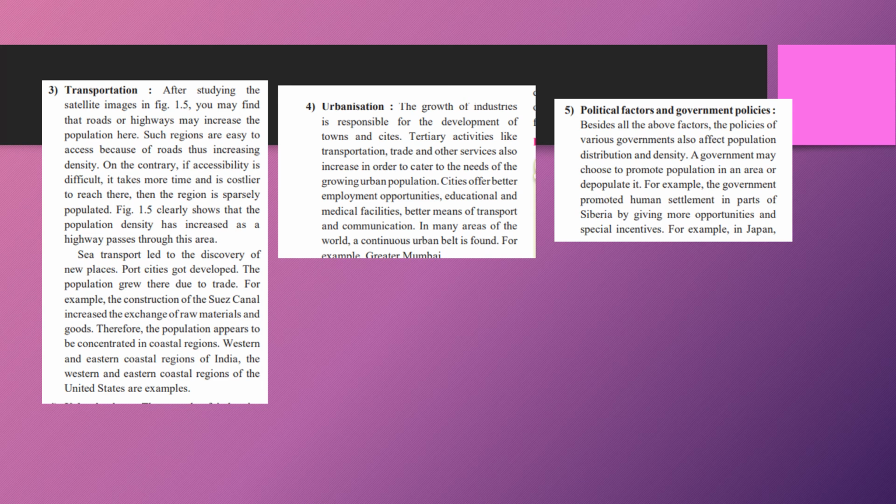What is urbanization? The growth of industries, which is responsible for the development of towns and cities, is called urbanization. Tertiary activities like transportation, trade, and other services also increase in order to cater to the needs of the growing population. Cities offer better employment opportunities, educational and medical facilities, and better means of transport and communication as compared to rural areas.